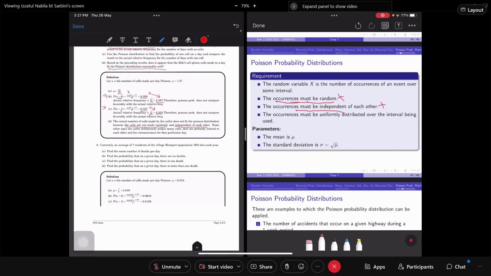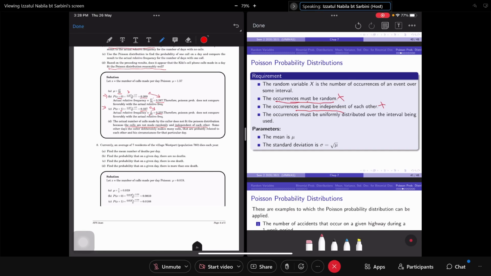So question 8. Okay. Currently, an average of 7 residents of the village of Westport, population of 760, die each year. So find the mean number of deaths per day. Okay. Oh, this is wrong.